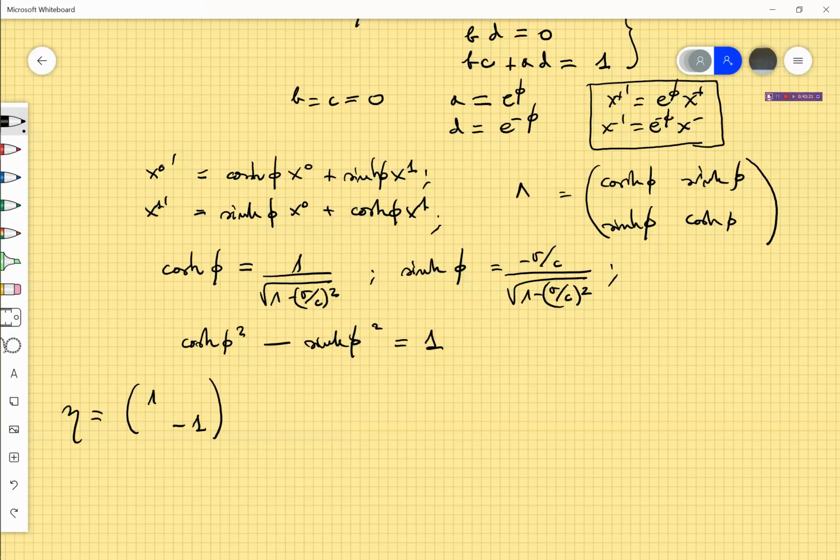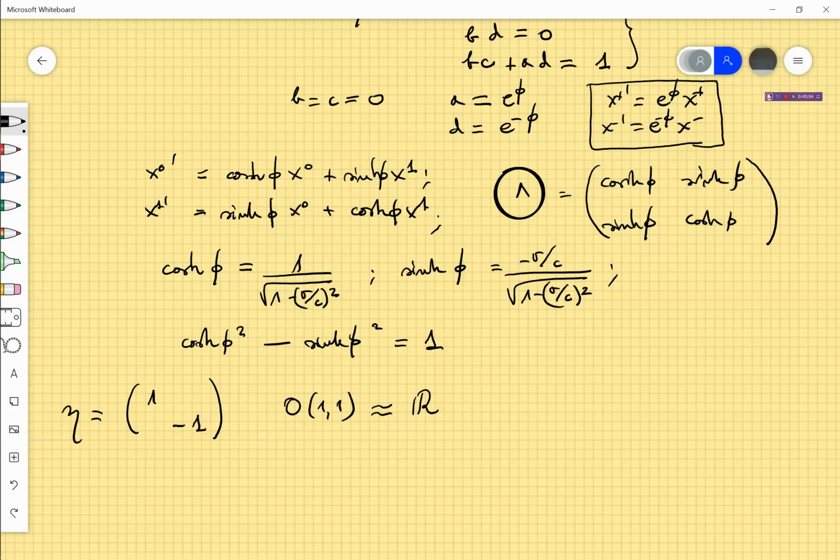So this is the group O(1,1) instead of O(1,3). And you see that this group is really isomorphic to the group of the real numbers, because all these transformations are parameterized by a single parameter, phi. These are some rotations, but they are hyperbolic rotations, so instead of cosine, sine, minus sine, cosine in the matrix lambda, you have plus everywhere.